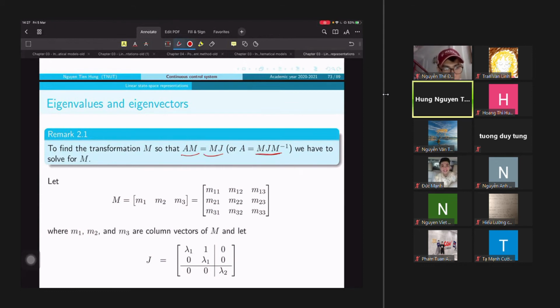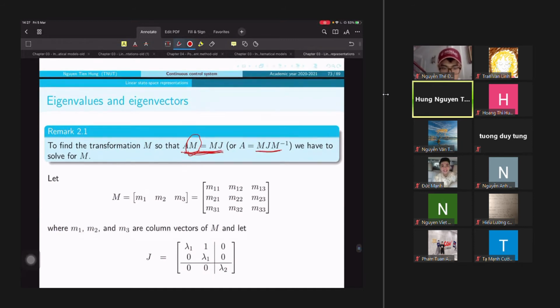If you find matrix M, as in the next section, you see that it is a linear transformation, and it doesn't change the eigenvalues. If you can find M satisfying this equation, Z is a Jordan matrix. You can find the Jordan form by multiplying both sides by M minus 1, so we got M minus 1 A M.